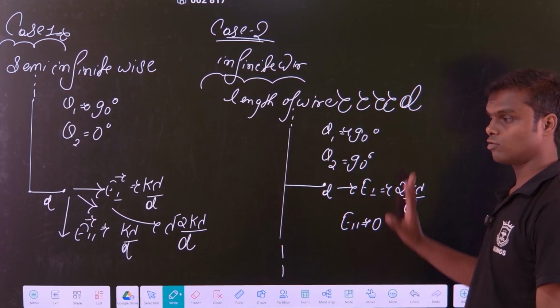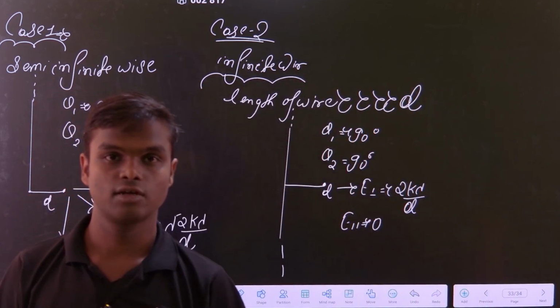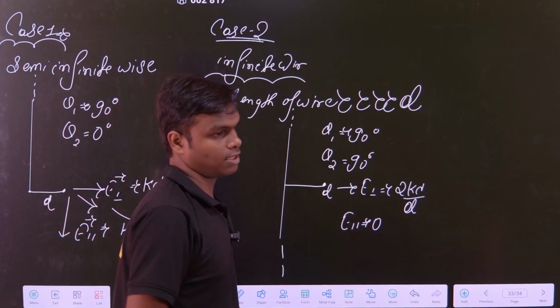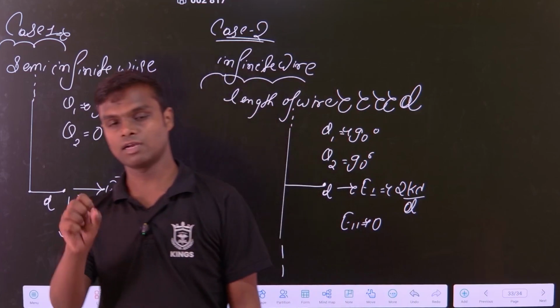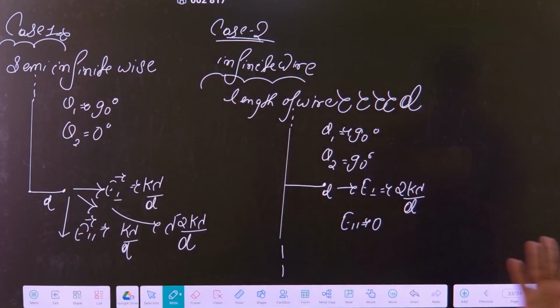Clear? Any doubt till now here? Anyone have a doubt? So your picture should be very clear about the finite wire as well as the infinite wire and semi-infinite wire. Clear? This is the complete picture. Anyone have a doubt? Please ask me. I give you 10 seconds, 20 seconds. If anyone has a doubt, please ask me.